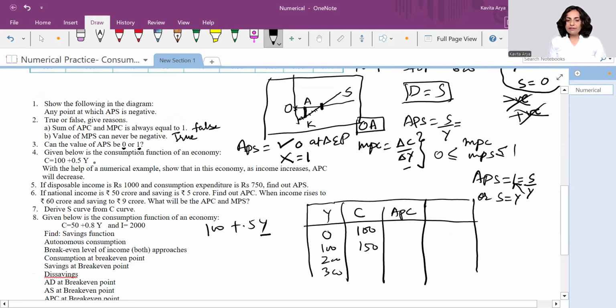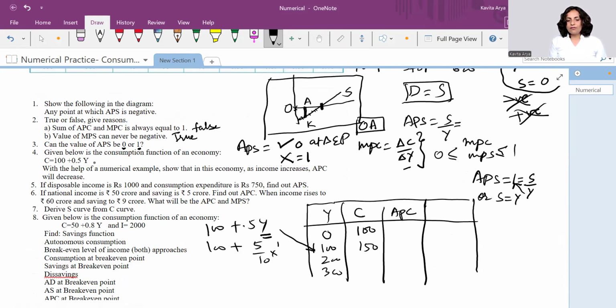So for whatever value we are assuming for Y, like for Y is equal to 100, how did I get 150? 100 plus 50%, 5 by 10 of 100, that's equal to 50. So when 100 plus 50 is done, that gives me 150. So this way, you would put the value of Y as 100, 200, 300. So you would have the whole C column created, then find APC.